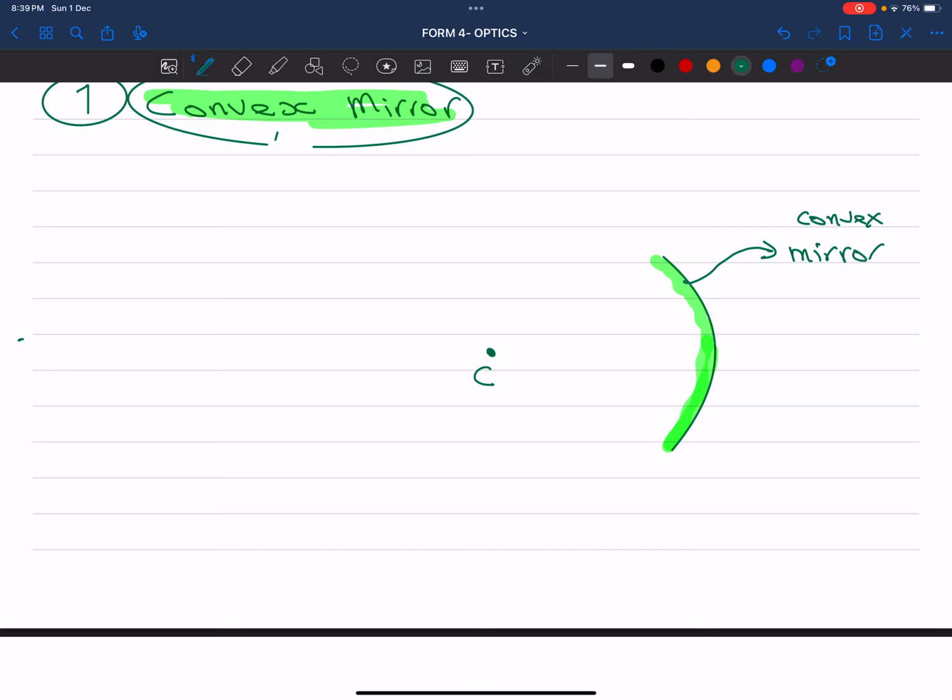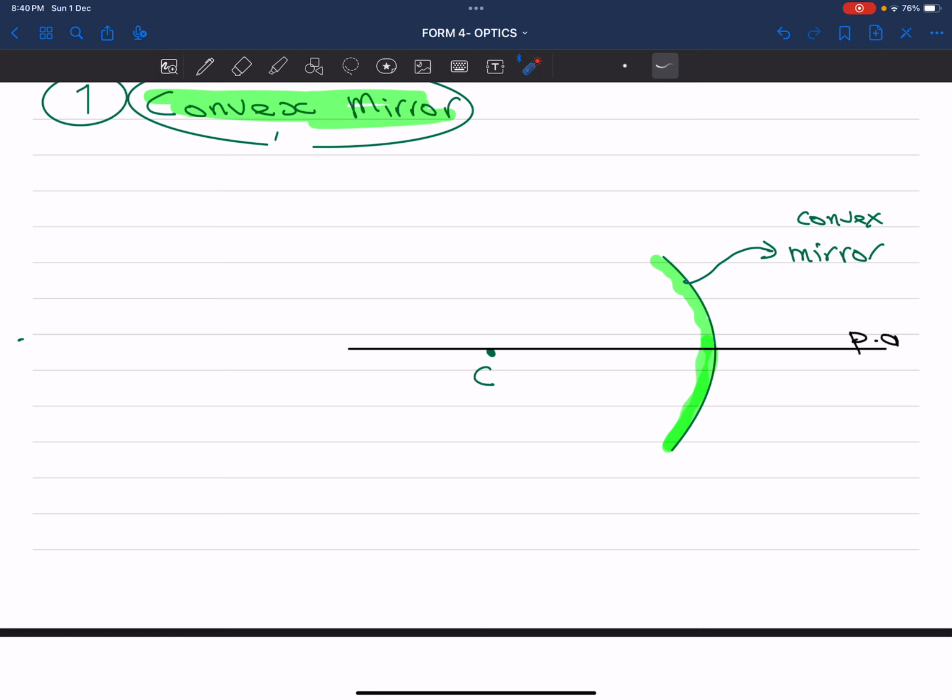Number 1, the horizontal line passing through the center of curvature is called the principal axis. I'm using all short forms to save time. Okay, that's number 1.